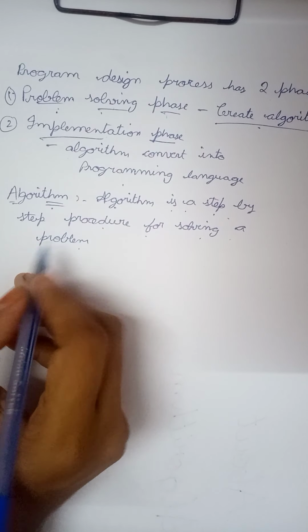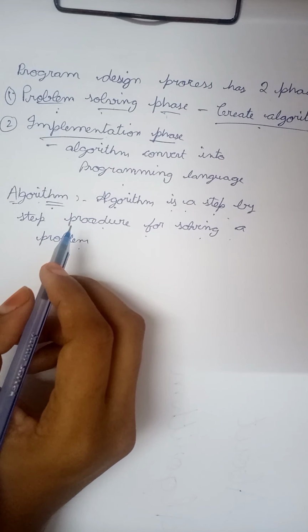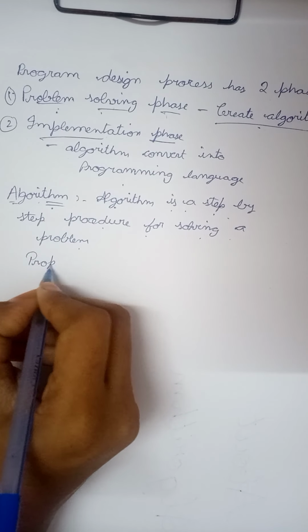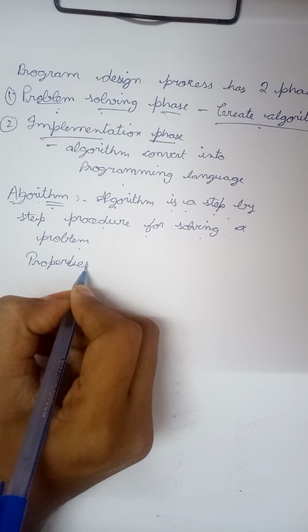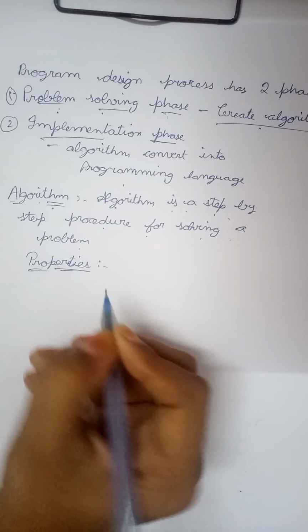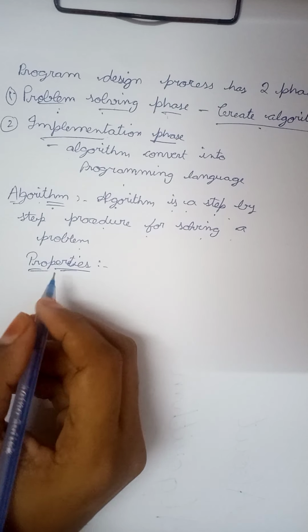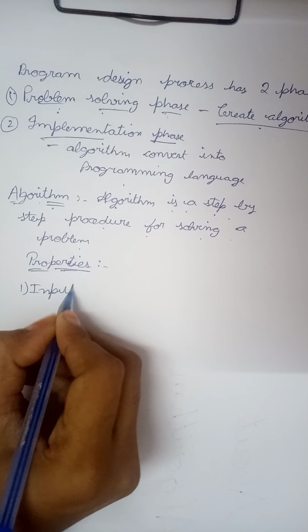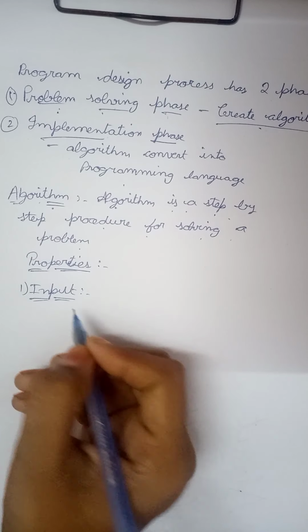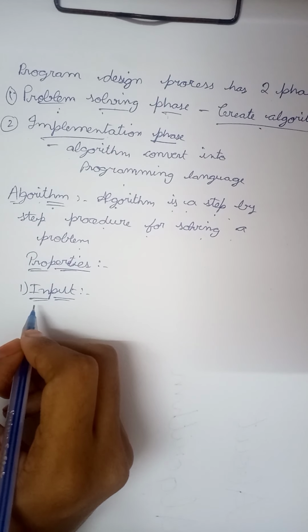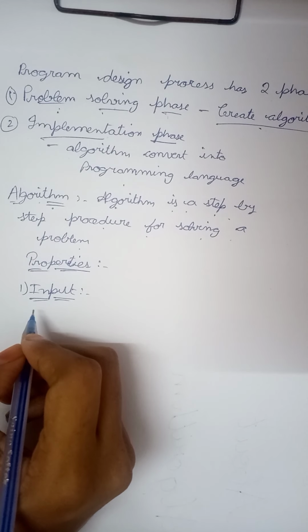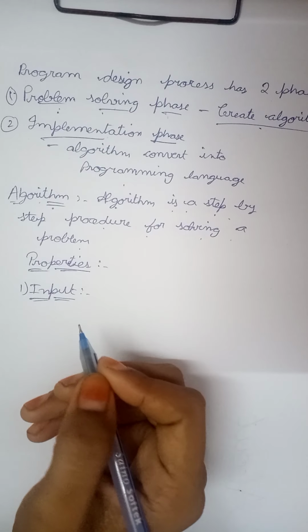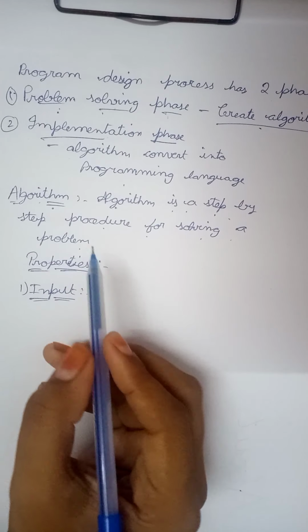For this algorithm there are some properties. The first property of algorithm is input. An algorithm must have 0 or more inputs.